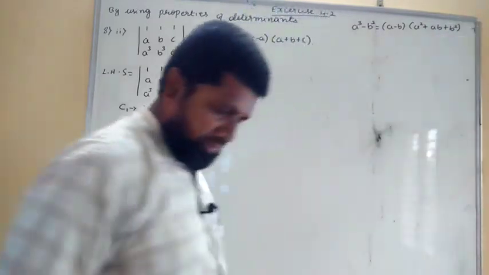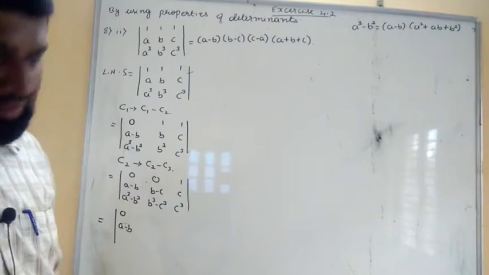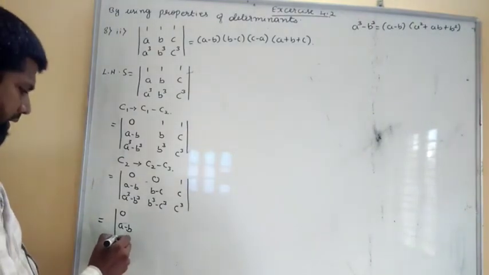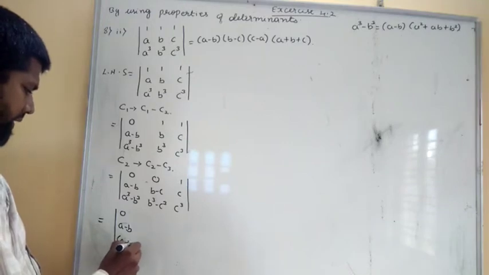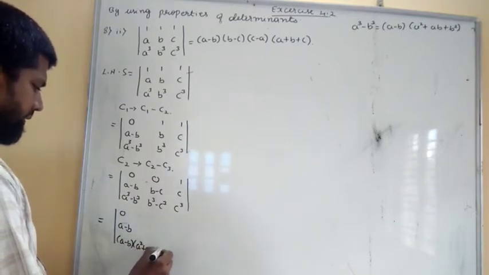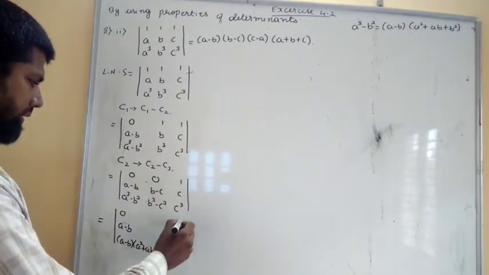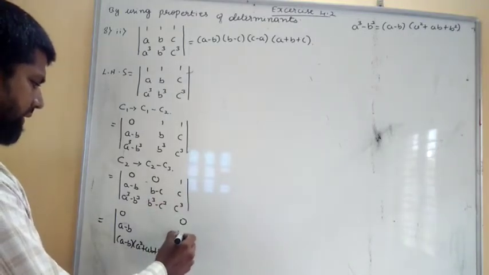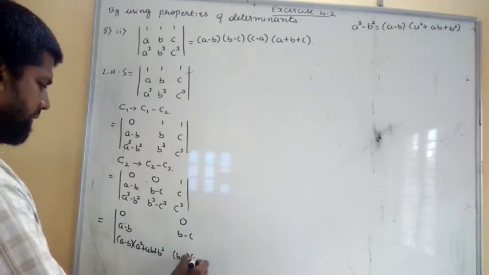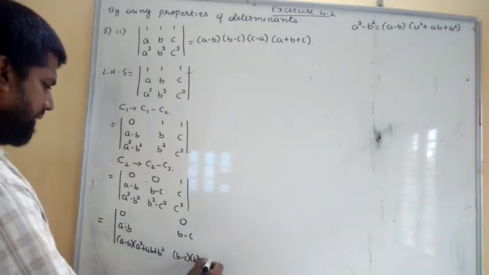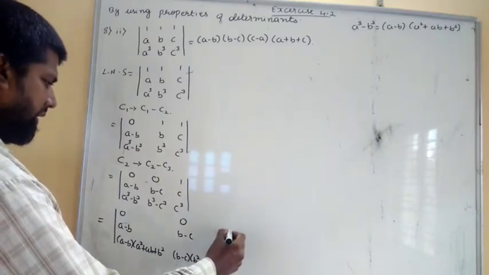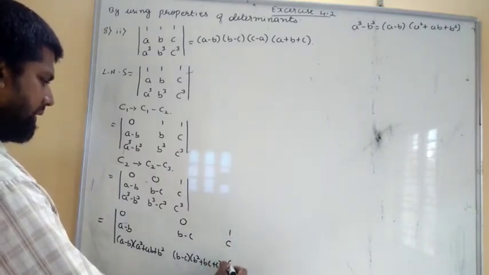So this is the formula you should remember. So you have to apply it here. Then again B minus C, apply the formula: B minus C into B square plus BC plus C square. Then write the third column as it is, 1 C, then C cube.